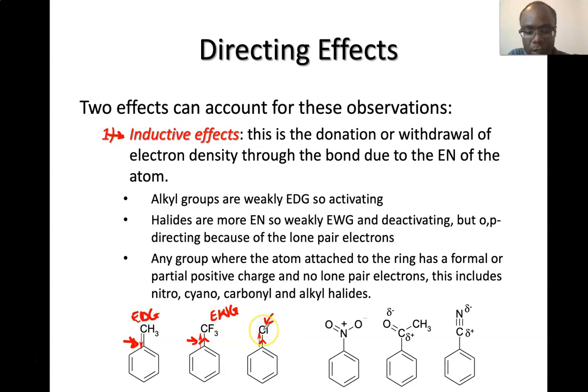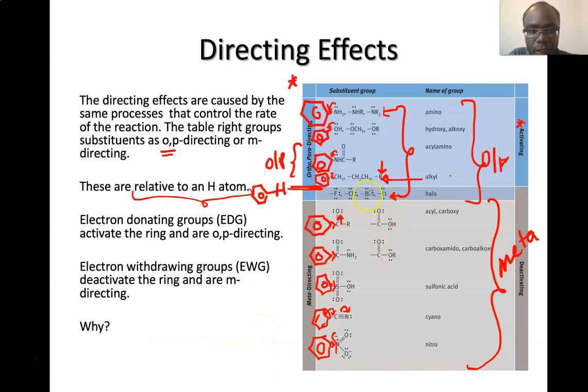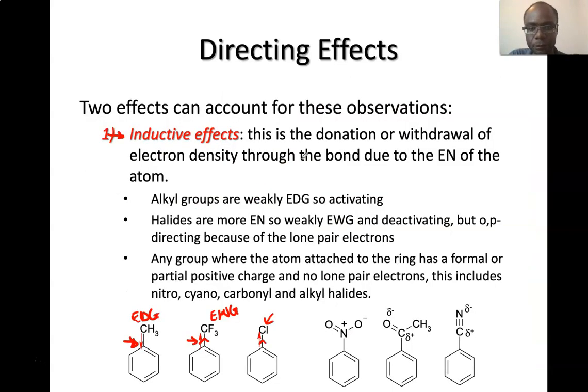Even though they're withdrawing, they are taken to be directing ortho para. That's a catch right there. Why? Because they still have lone pairs. They're strongly withdrawing, yes, but the lone pairs cancel the withdrawal effect. So we assume they're electron donating, therefore they will direct the incoming electrophile ortho para.